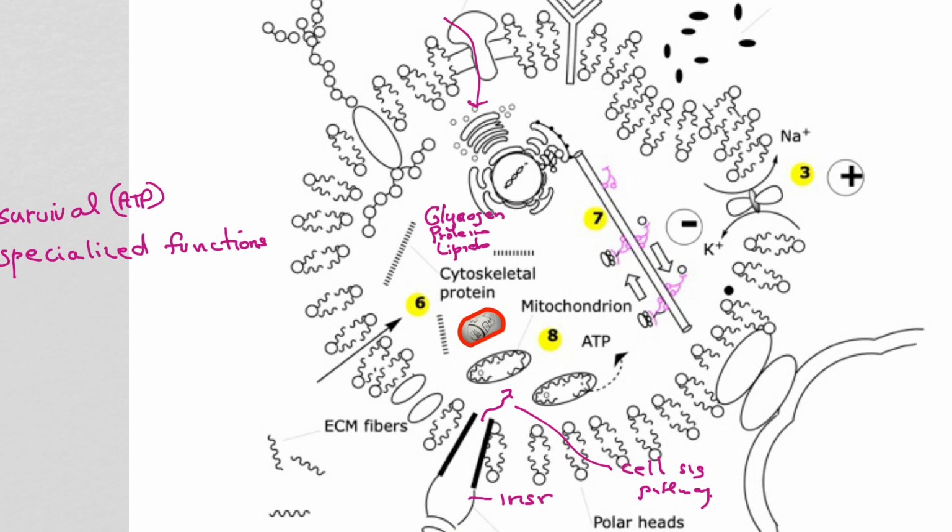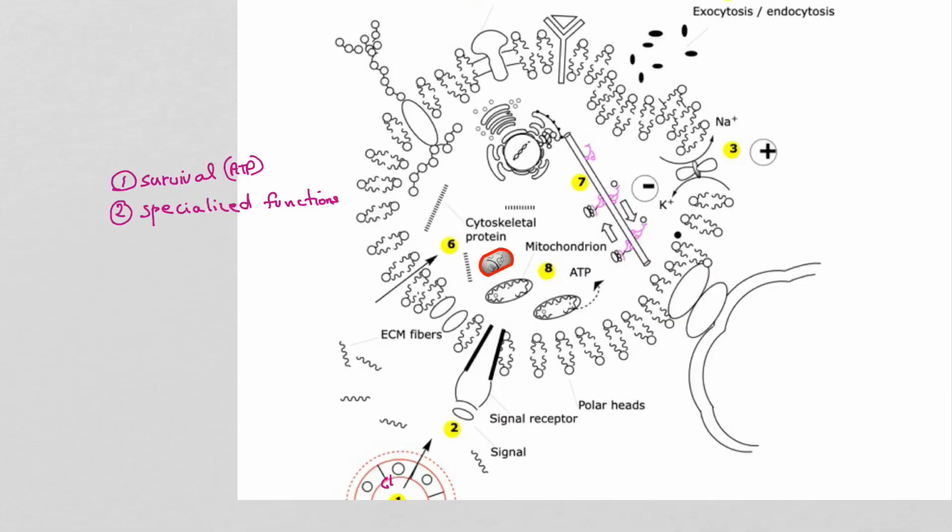So that's one of the specialized functions of the liver cell, the hepatocyte, after a meal it starts synthesizing many chemicals. So the specialized function for the liver cell after a meal is to do a lot of synthesis.